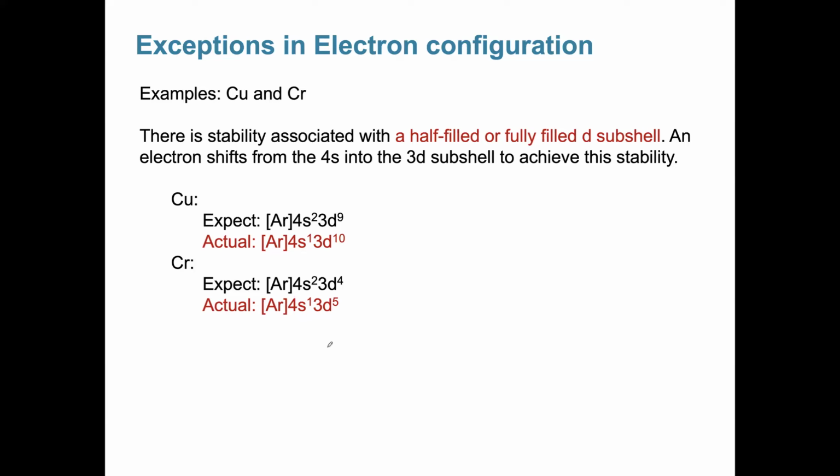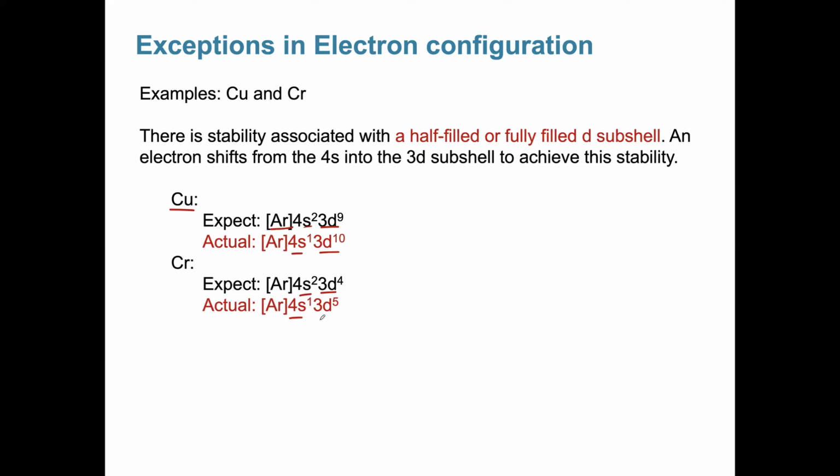For example, copper, based on the Aufbau principle, should be argon 4s2 3d9, and chromium would be argon 4s2 3d4. But experimentally, it was determined that copper has the electron configuration of argon 4s1 3d10, and chromium has the electron configuration of argon 4s1 3d5.